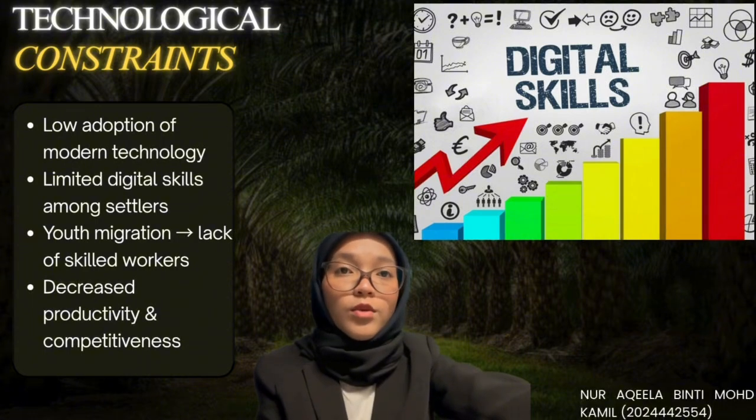Because of this, productivity decreases and it's become difficult for these communities to compete with more advanced agricultural sector. In conclusion, improving digital skills and encouraging technology adoption are crucial to enhance productivity and ensure long-term sustainability.